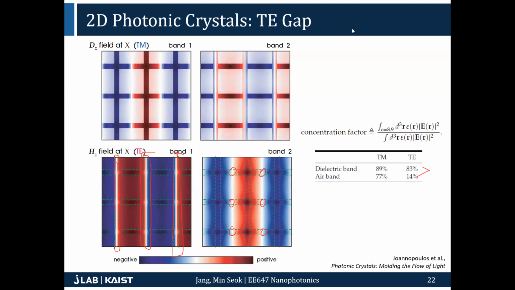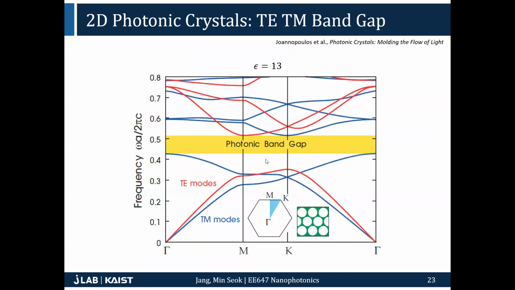Okay. And people try to find how to create a band gap for all polarizations, right? Because if your band gap depends on the polarization angle, then it's not too useful. So they try to create a band gap at all angles so that no matter what polarization you shoot, you have a band gap.